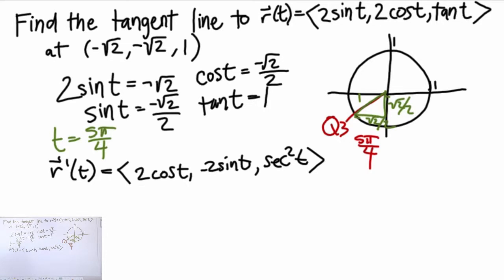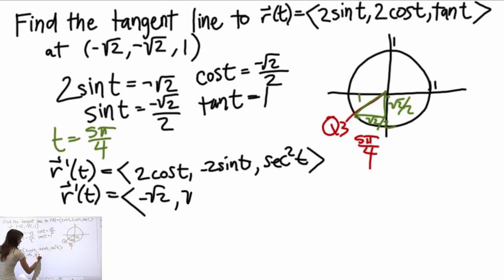Next we plug in our t value that we found, 5 pi over 4. So r prime of t is going to be equal to, if you simplify it, negative root 2, negative root 2, and 2. And that just comes from plugging this t into this equation.